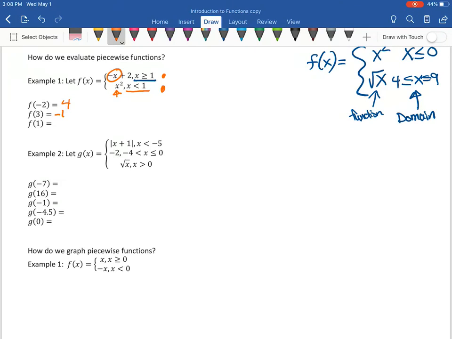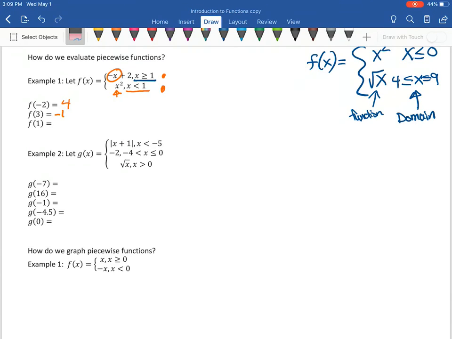Okay, the last part of this example, f of 1. So if x is 1 and I want to figure out what y is, I'm going to figure out which interval this lies on. Now here's the tricky part. I see 1 on both intervals. In the first interval, it says x is greater than or equal to 1, and in the second interval, it says x is less than 1.